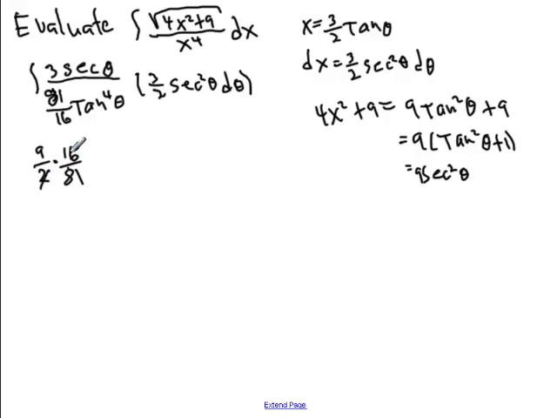So 2 cancels off, 16 becomes 8, 9 cancels off, 81 becomes 9. So we end up with 8 over 9 integral, and then we're going to get secant times secant squared, which is secant cubed theta over tangent to the fourth theta d theta.